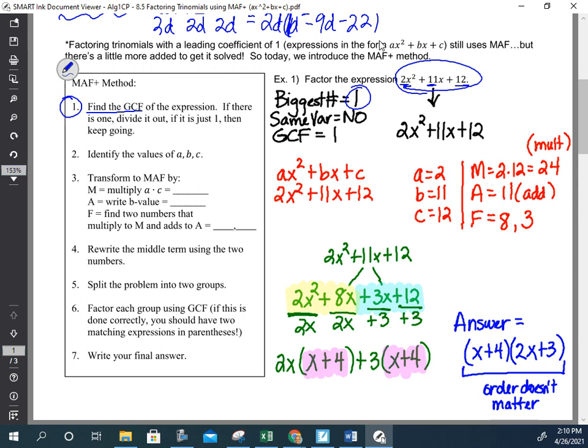Remember, the key there is all of them. They also don't all have the same variable. So that means your greatest common factor is 1. If your GCF is 1, then you can just keep going. That's simple. So this is step number 1. Find the greatest common factor.